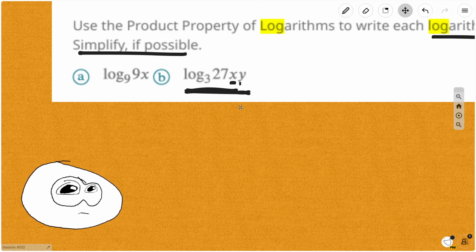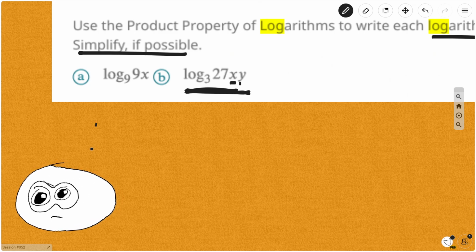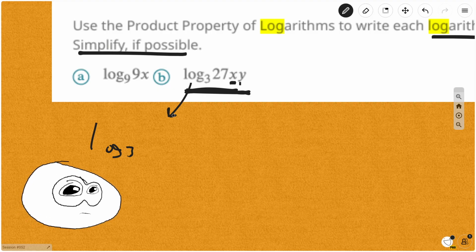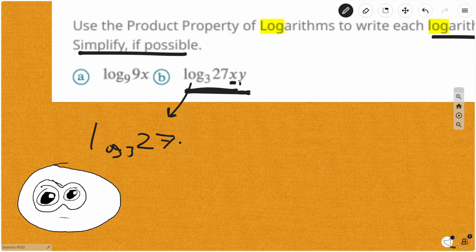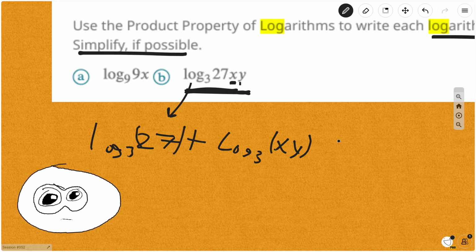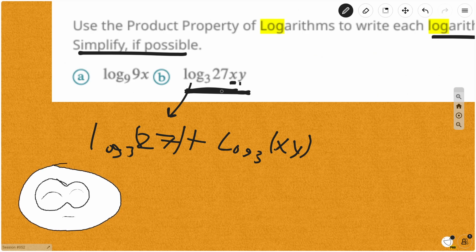Just eyeballing it, I kind of know how it works, but let me go through it and explain. If we have log 3 of 27xy, that would break into, and let's separate the variables from the number, log 3 of 27 plus log 3 of xy. But we could just do it again, because this is nested within that.